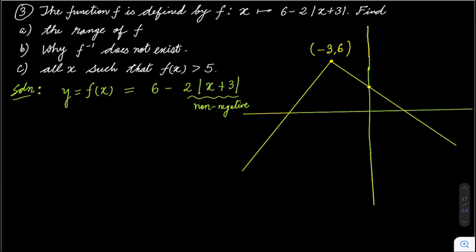So actually, instead of passing through this point, this is passing through the origin. So actually the graph is like this. Okay, I hope it's clear.